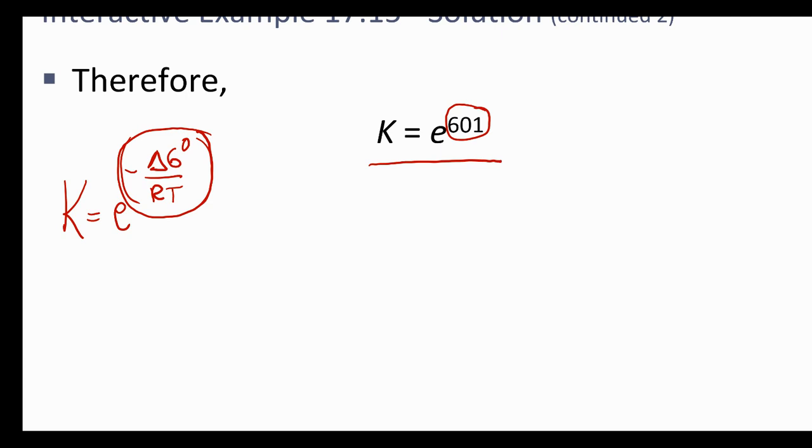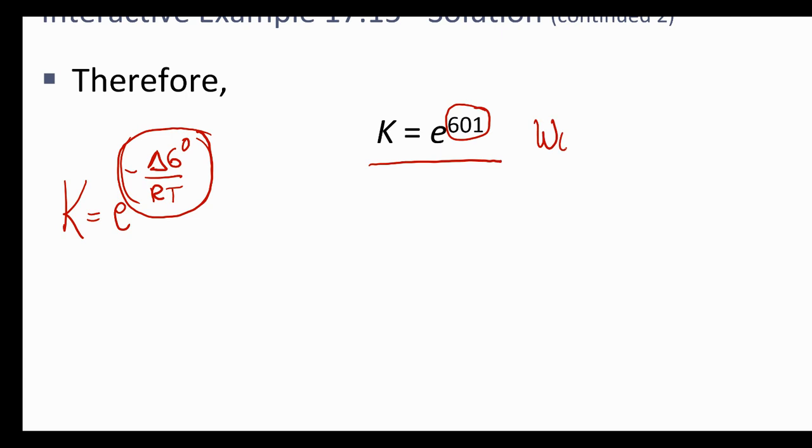But what I want you to think about is how incredibly large that K equilibrium is. And so the rusting of a nail is very product favored. It's just slow. So kinetics is not included in this discussion.